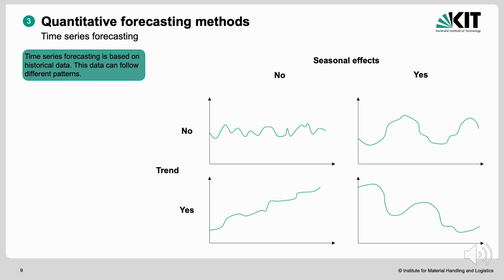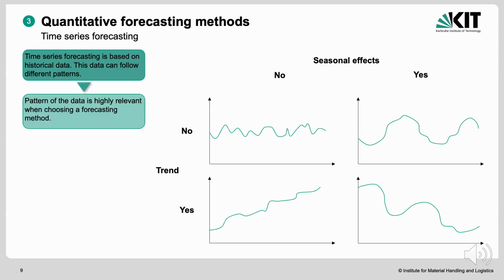If we have a seasonal effect but no trend, let's assume with a stable population, that could be sales of chocolate over the year with some peaks at Christmas. Then we have something like this, which is a growing curve, or we have seasonal effects which are composed with a trend.